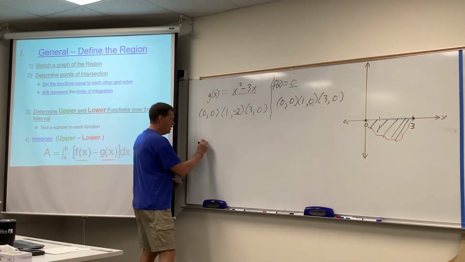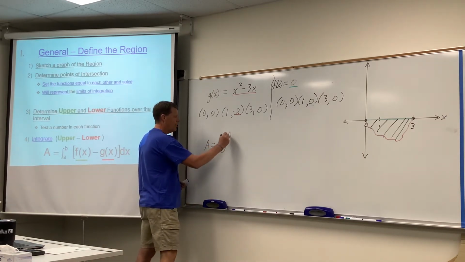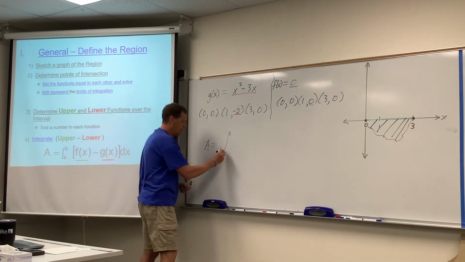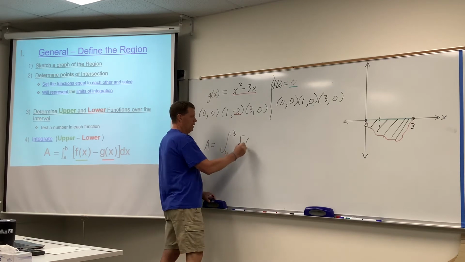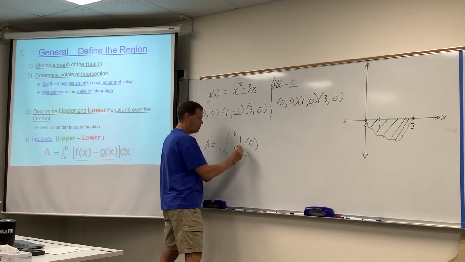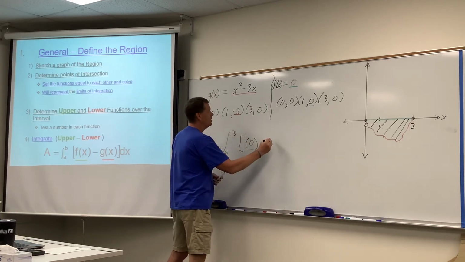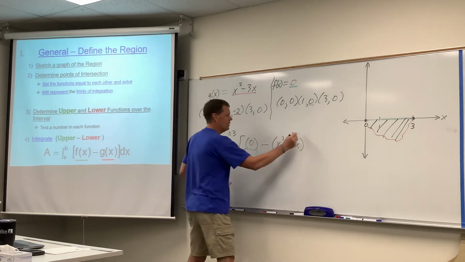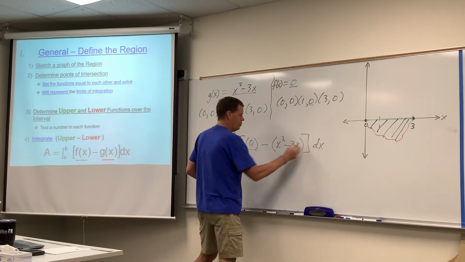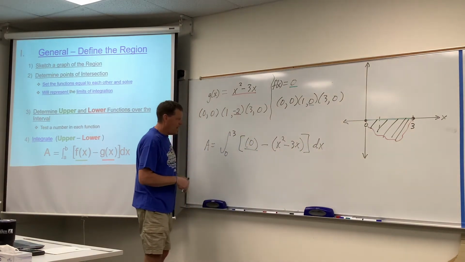So the area here would be the integral from 0 to 3, upper, 0, minus lower. It's important to put it in parentheses so that the minus would apply to the entire expression.